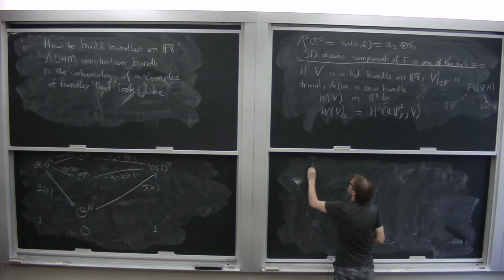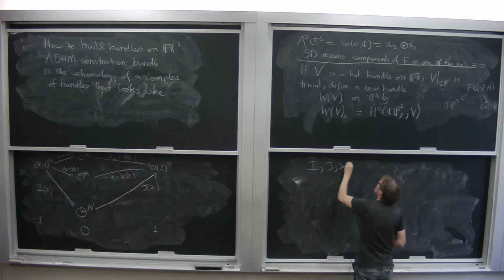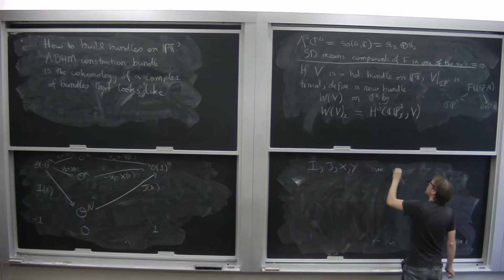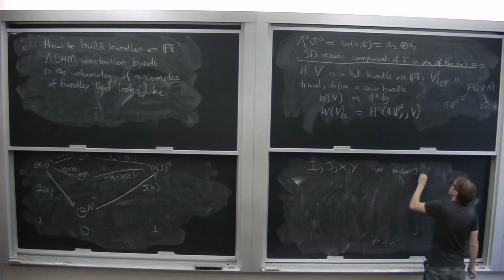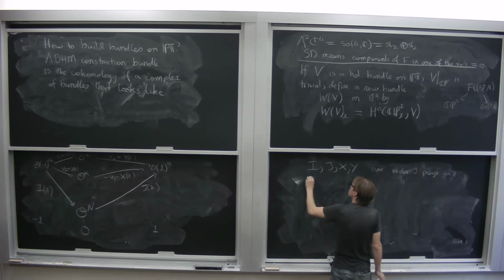X and Y are order 1 polynomials in Z, and this is a complex.